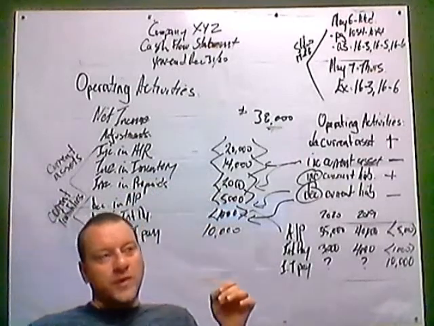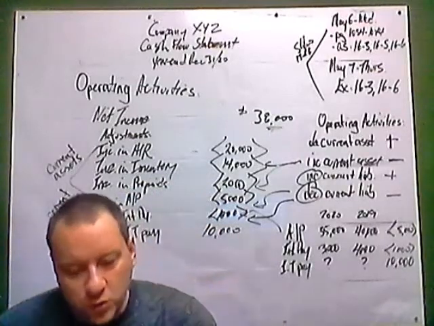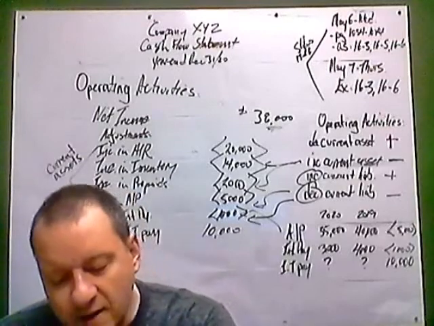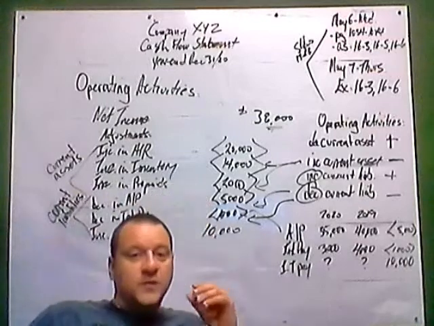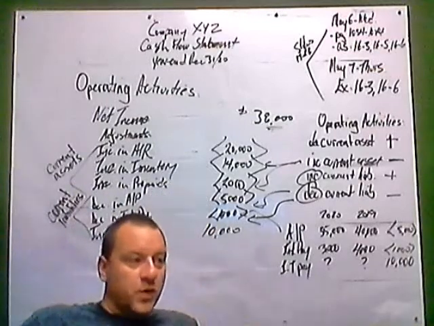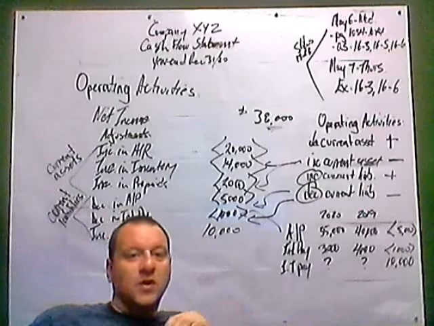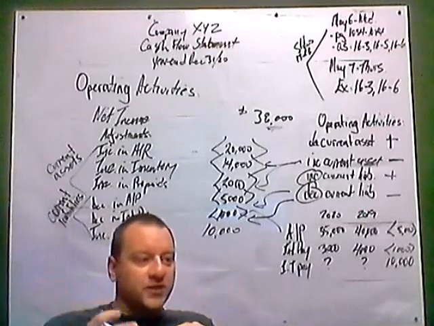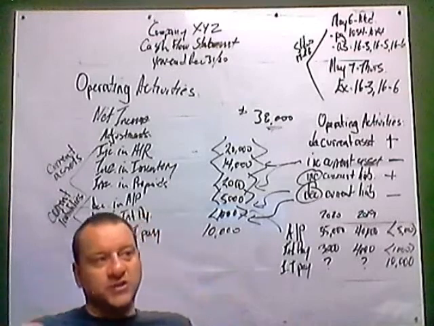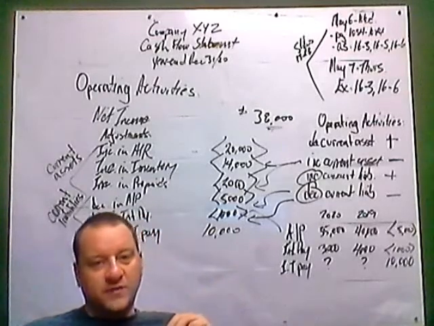An example there is when you have a gain on the sale of equipment. You have to go look on the income statement. If you see gain on sale of equipment, gain on sale of an asset, you subtract that. Why? Because you're recording the cash that you get from that sale in the next section, which is an investing activity.